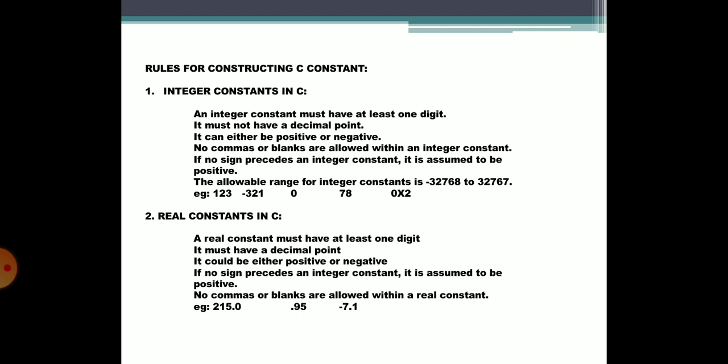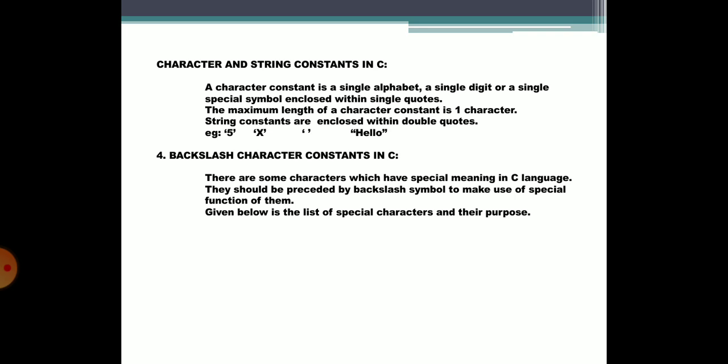It could be either a positive or negative number. If no sign precedes a real constant, it is assumed to be positive. No commas or blanks are allowed within a real constant. For example, 215.0, 7.0, 8.9, etc. are all examples of real constants.